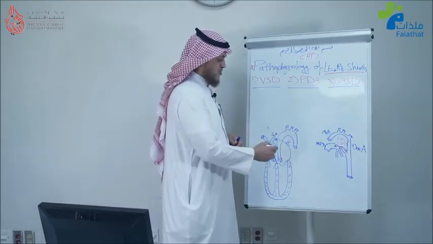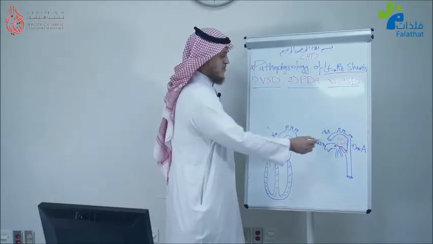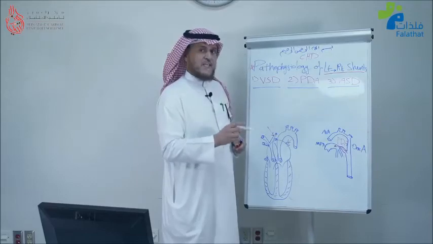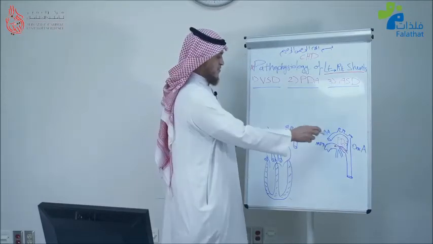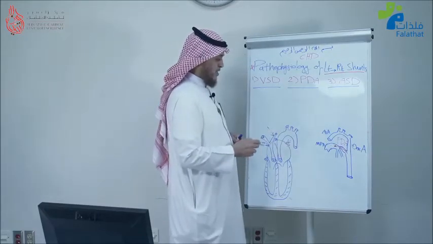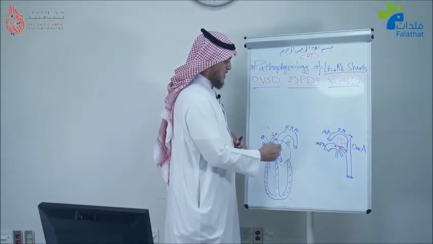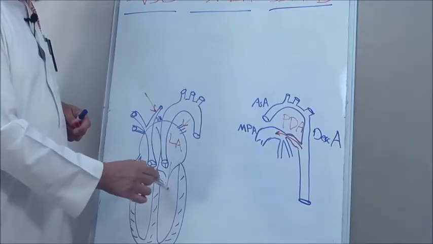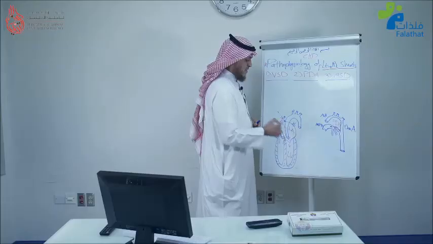Which chamber is going to receive that extra blood from this PDA? The chambers that will receive it, we said the first was the MPA and the branch pulmonary arteries. The second is again the left atrium and again the left ventricle.